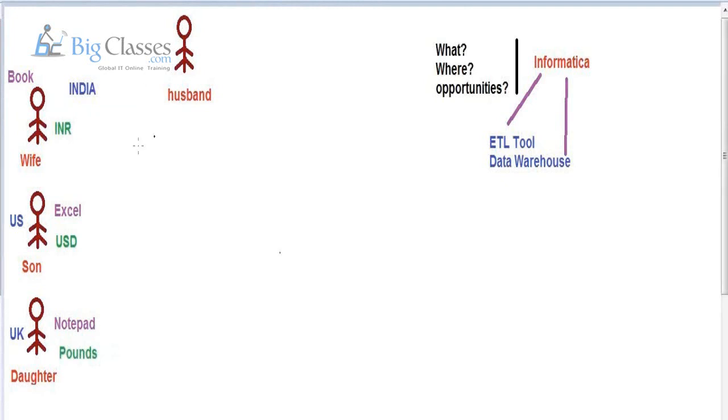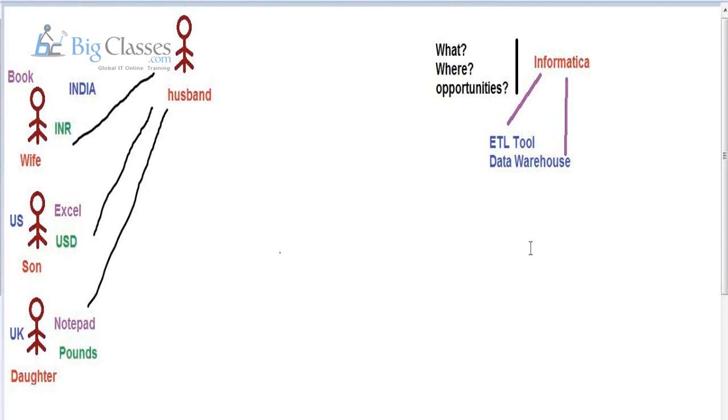All family members share the expense details with the head of the family. Now, he started looking at the data, the expense details shared by all family members. As and when he is looking at the data, he got some problems.